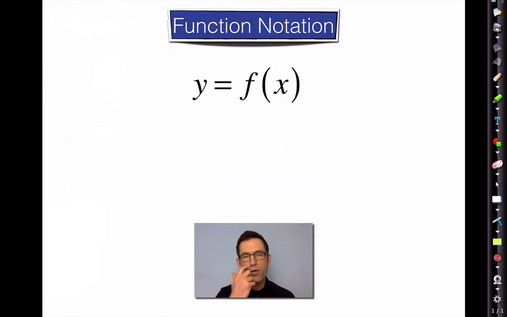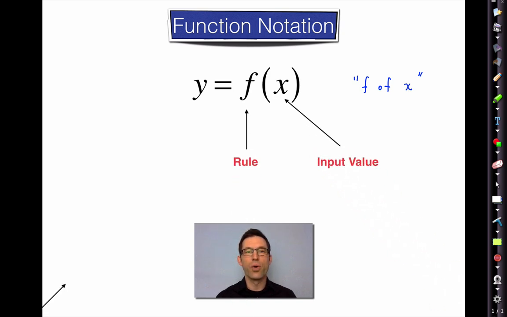Now, as we all know, functions are rules that convert inputs into outputs. So function notation is a lot of times written as y equals f of x. We say it as f of x. And basically, it's got everything there: you've got your input, you've got your rule, and you've got your output.